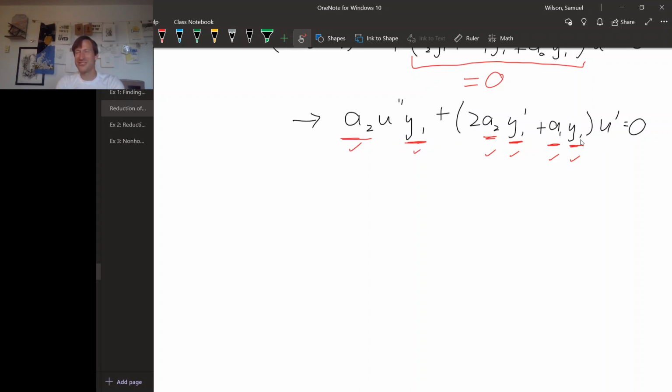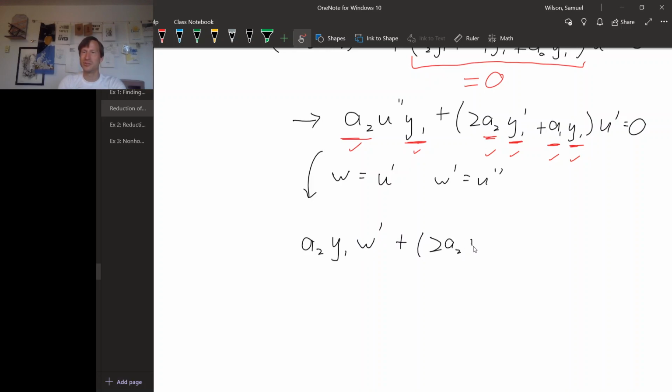If you're having a little trouble seeing that this is a first order equation, let's just do a little substitution. Let's say our new function variable w is u prime, and that means w prime is actually u double prime, and that turns this equation into a sub 2 y sub 1 w prime plus 2a sub 2 y1 prime plus a1 y1 w equals 0.